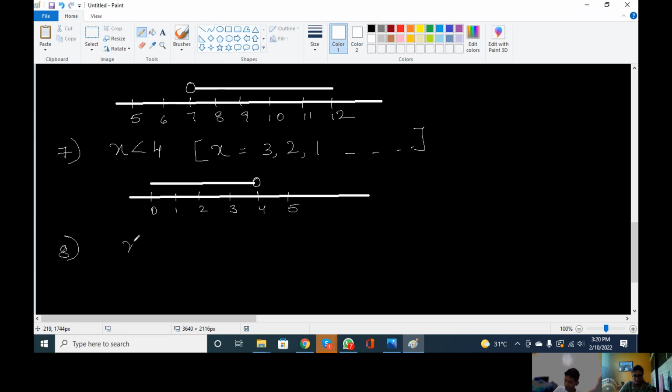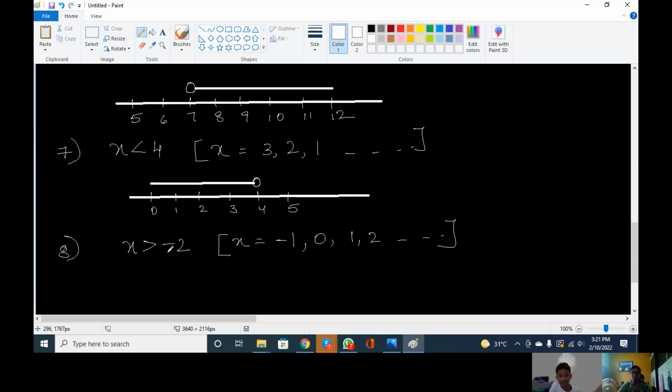Question 8. X is greater than negative 2. X values are greater than negative 2. When you are doing negatives, you should be careful. Tell me what the values are which are greater than negative 2. Negative 3, no. Negative 1, 0, 1, 2, 3, 4, and so on.